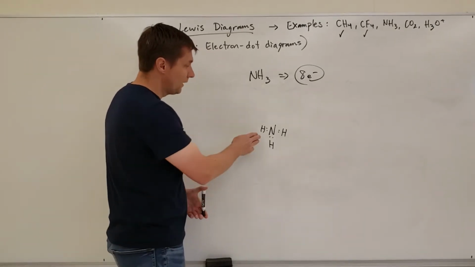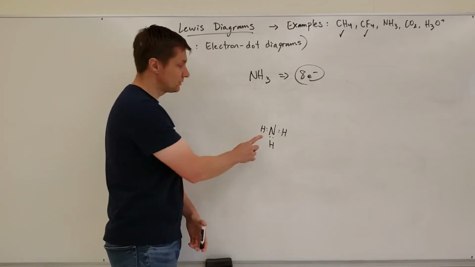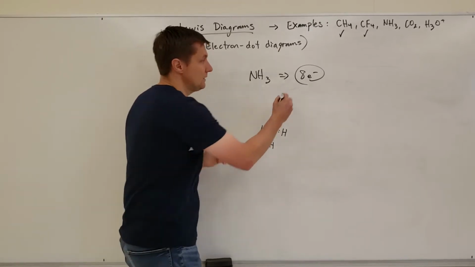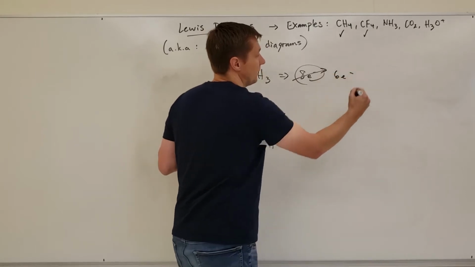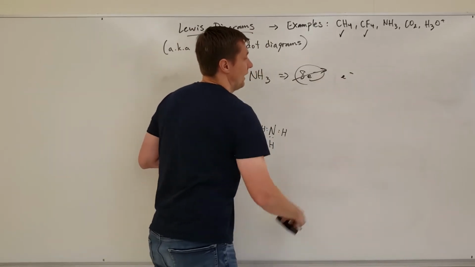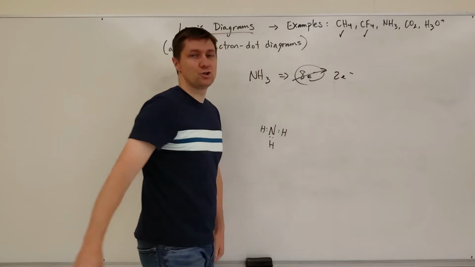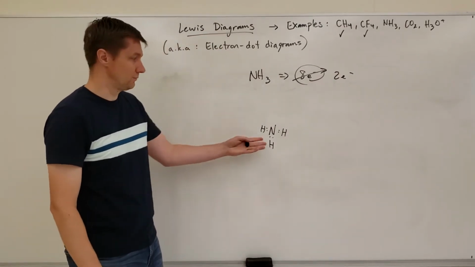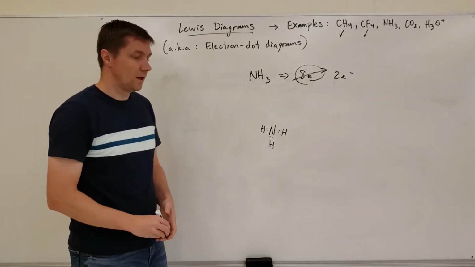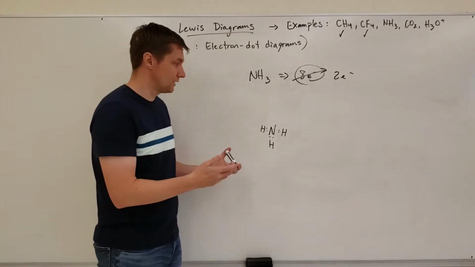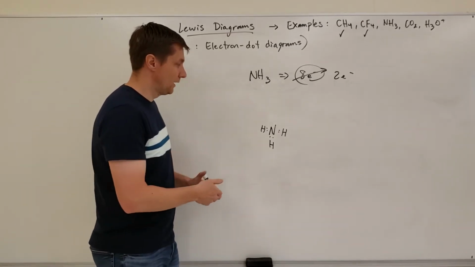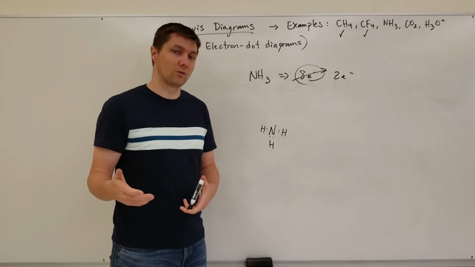So I take a look here, and so far I've used 2, 4, 6 of my 8 valence electrons. And so how many do I have left over? I've got 2 electrons left over to make this diagram. Now the next rule states that if the octets are not full, then I'm going to place electrons around the peripheral atoms first.